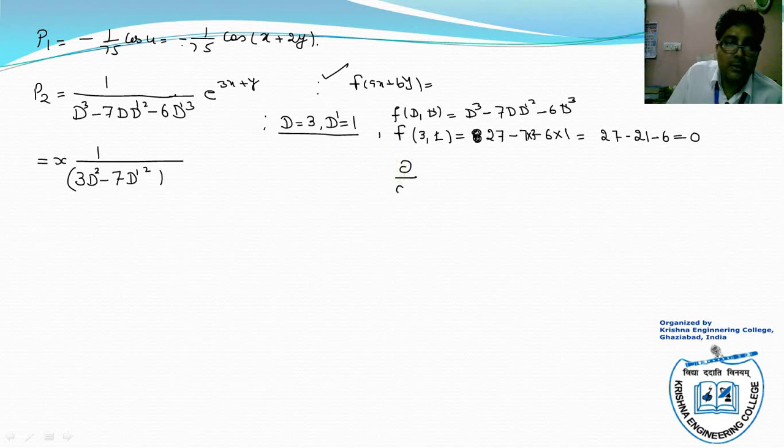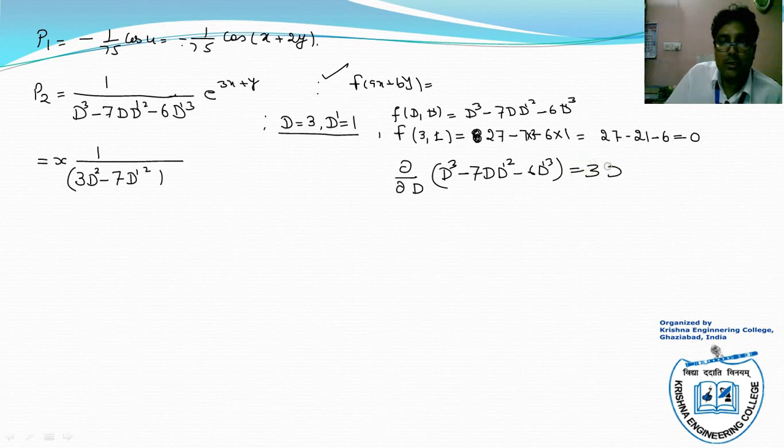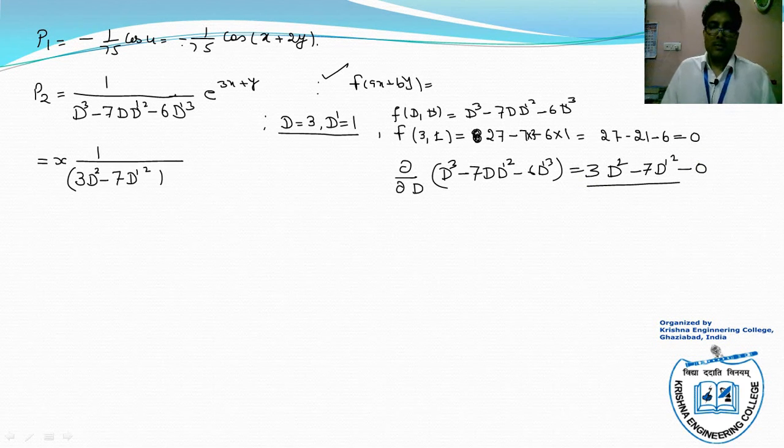Differentiate partially with respect to D only: D cubed minus 7 D D dash squared minus 6 D dash cubed becomes 3D squared minus 7 D dash squared, clear? And the rest is e to the power 3x plus y.